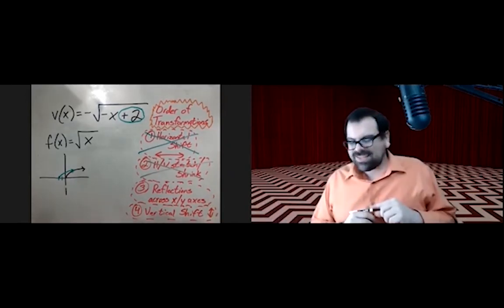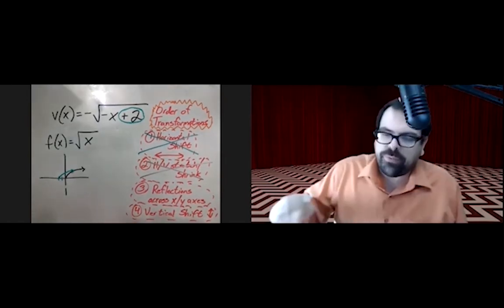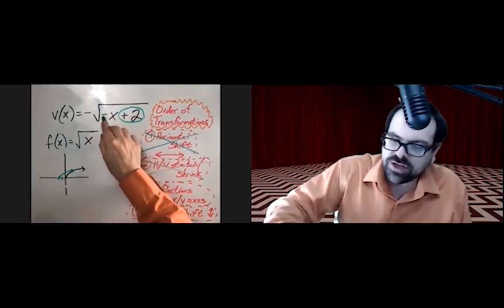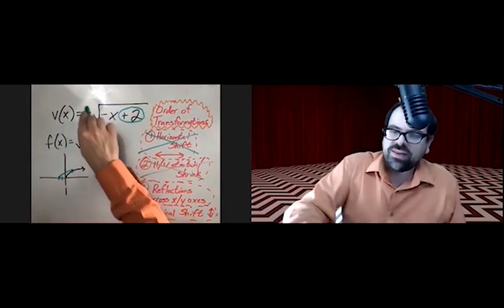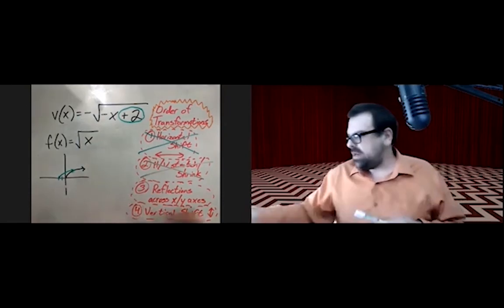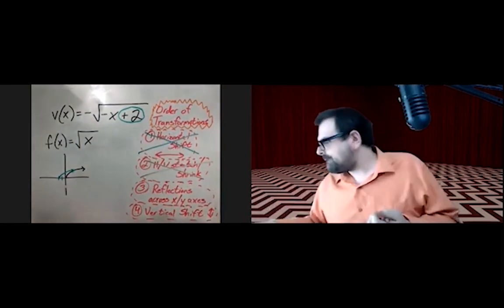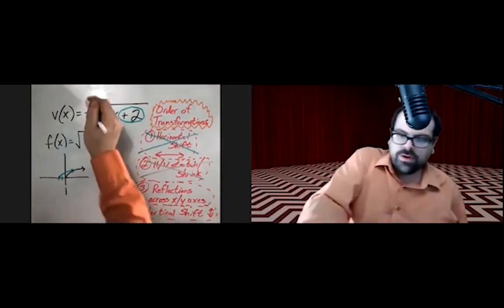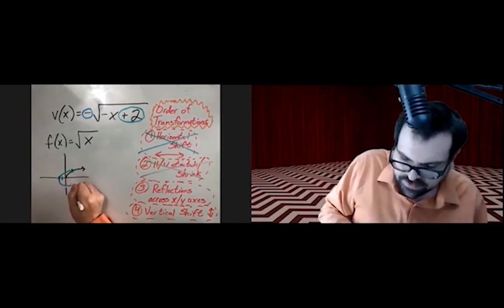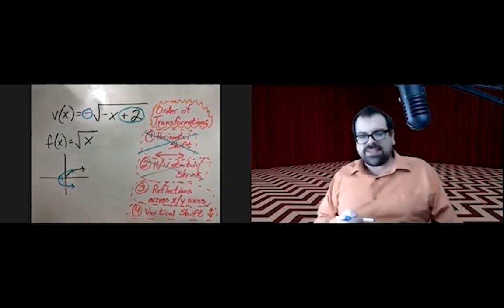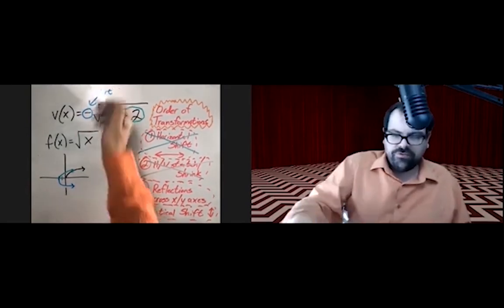Reflections across x and y axes. And here we have both. Here is a reflection. And there's a reflection. The one on the outside is the one that flips it over the x-axis. That one is our vertical flip.